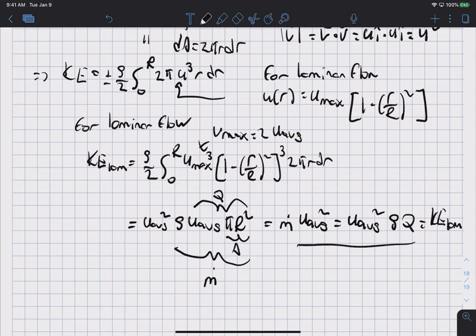And again, all I did was I just did this integral here and then substituted in our result that the maximum velocity is equal to twice the average velocity. And just did the integral and just recognized that basically rho times u times pi r squared is just the mass flow rate going through the pipe by definition. Okay?